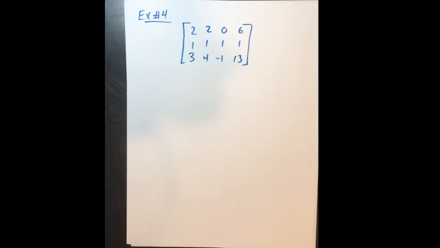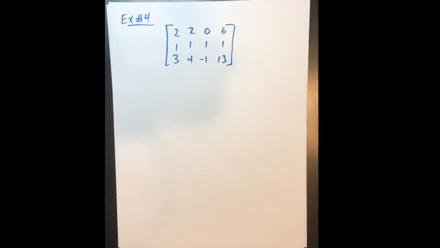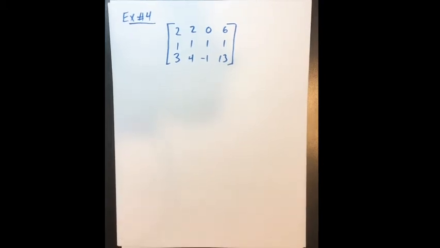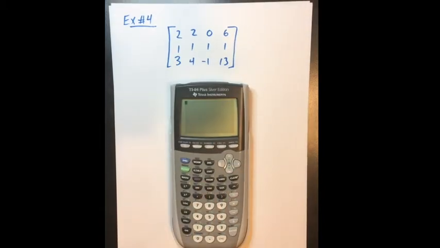And in fact, I think that answer was in row echelon form. But the row operations themselves are not that much different from just solving a system of equations using elimination. And so personally, I feel like the biggest advantage of a matrix is that we can use the calculator to do a lot of this for us.